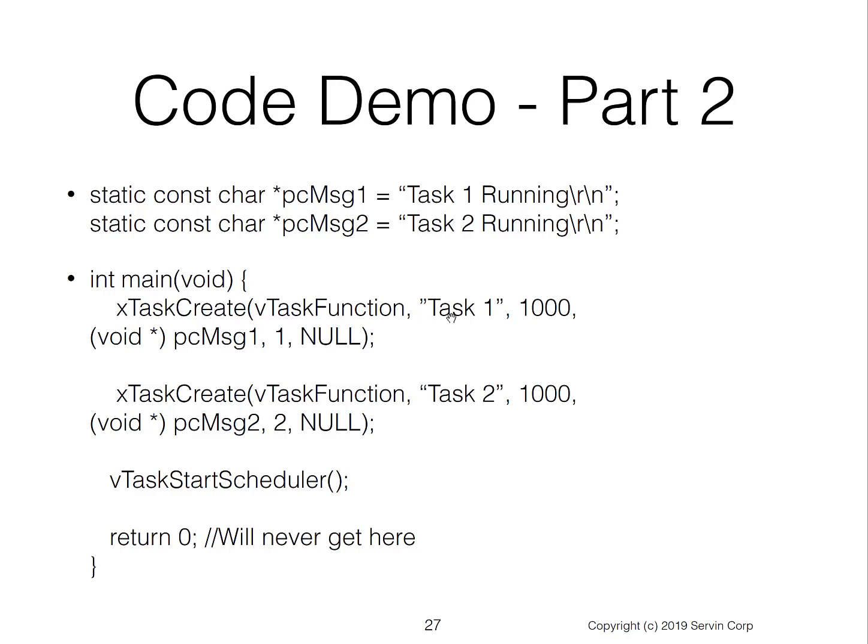The first task is task 1, the second task is task 2, and we now see that as these run, what's happening when you call the task start scheduler, now we understand that in the background when the tick goes off, it checks and sees, does task 1 need to run or does task 2 need to run.